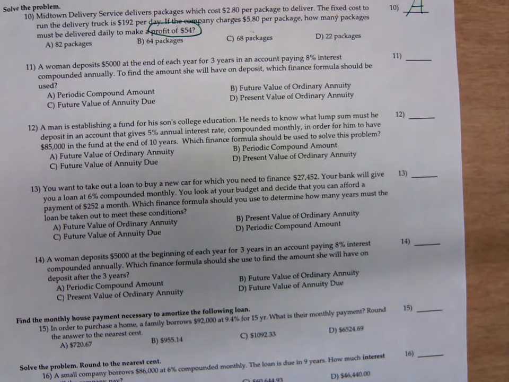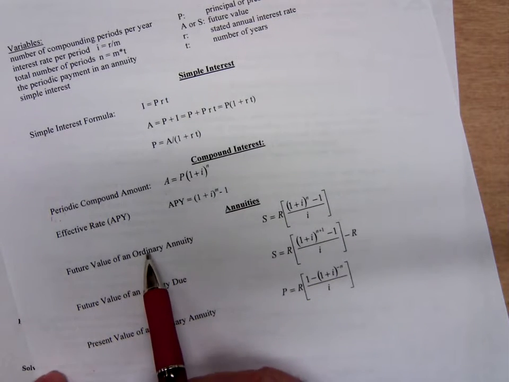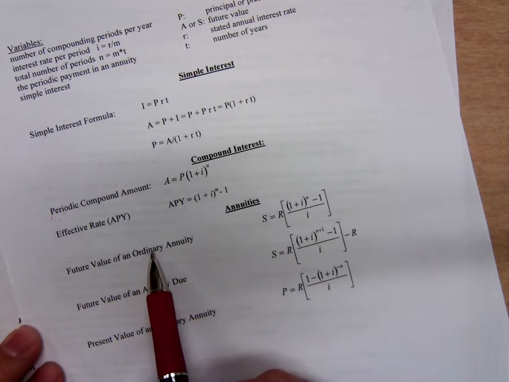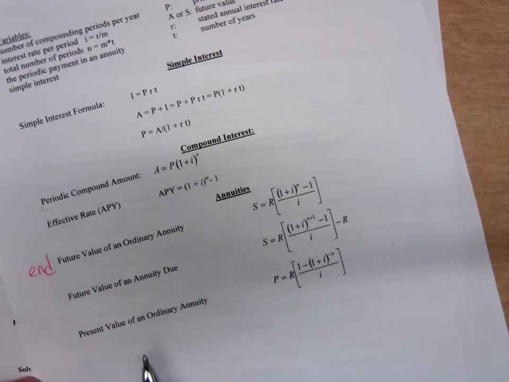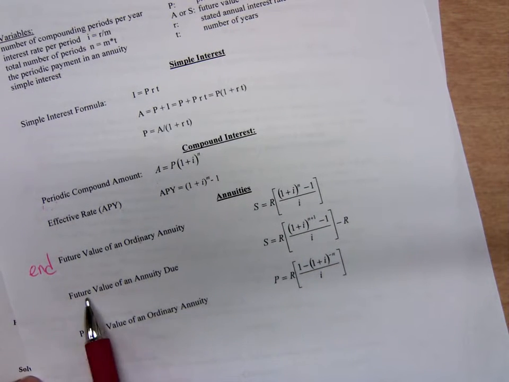It's just asking you which formula it is. Another thing I didn't mention, ordinary annuities have the payments made at the end. Annuity due have the payments made at the beginning.